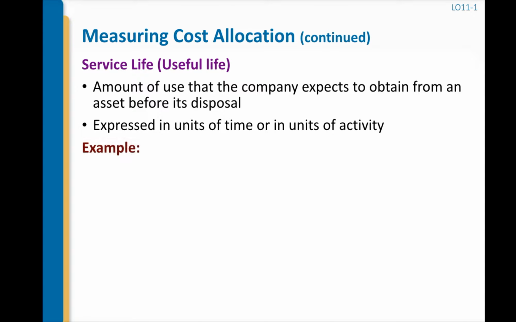This is the total of what you're going to allocate over a certain period of time. And the way that you calculate that, you take the initial value at the acquisition time, and you subtract out anything that you expect to receive when you dispose of the asset. So if you're throwing it away, that would be 0. If you are selling it, that would be whatever you expect the fair market value in whatever market it is that you're planning on selling it to be when you cross that bridge.